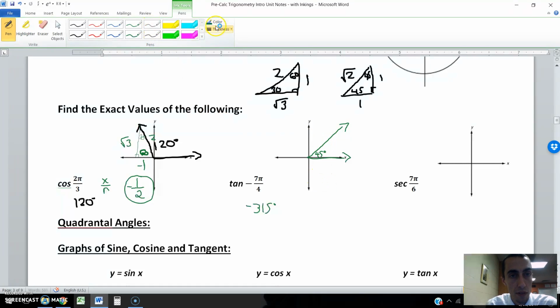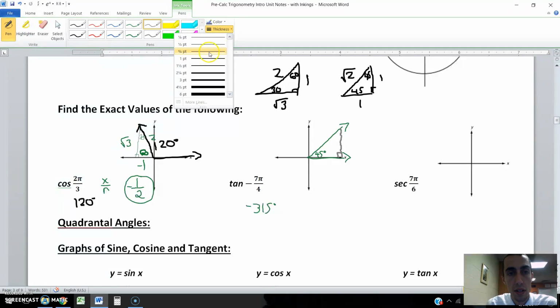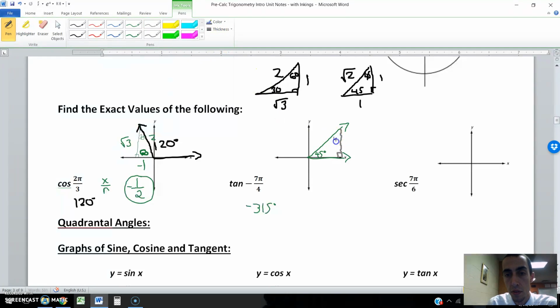So then we take that reference angle, change the color. We drop down a triangle down to the x-axis. Got a 45 degree, meaning that that's 45 in there.